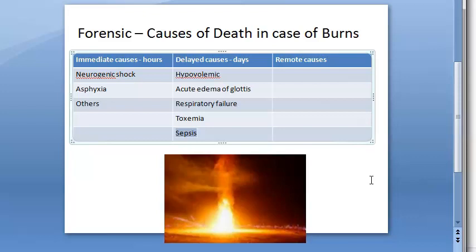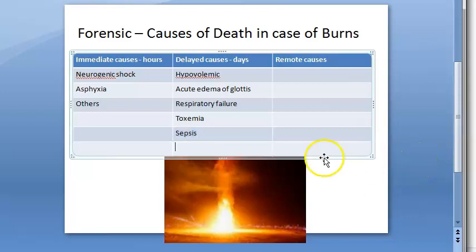So anyway, it is bacterial infection, which can be because of infection at the burn wound or because of catheterization, IV lines, skin donor sites, etc. Finally it's because of the bacteria. Then biochemical disturbance.